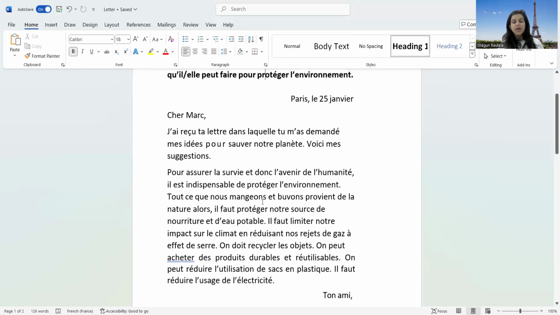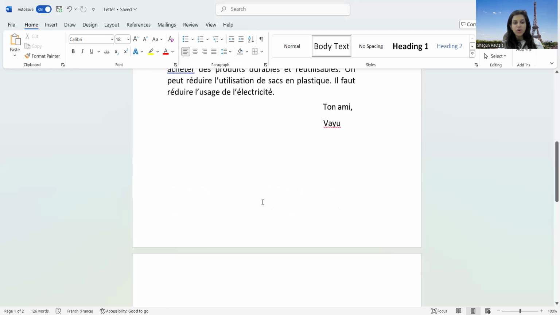So whenever we write a letter giving suggestions, you can always remember that you can use tu dois, you can use il faut, or you can use the imperative tense.